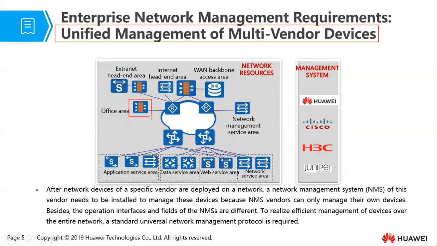Maybe you have a firewall from Cisco, you have a Huawei switch, you have a Juniper router, for example, or a layer 3 switch, and so on and so forth. So with enterprise network management, you want to go for a network management system that offers multi-vendor support. So it's called a network management system, an NMS.